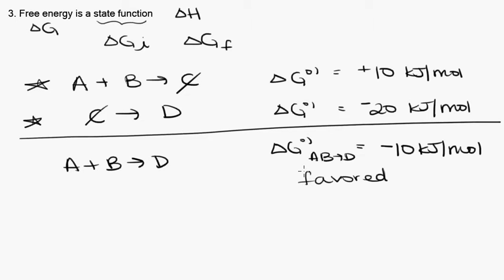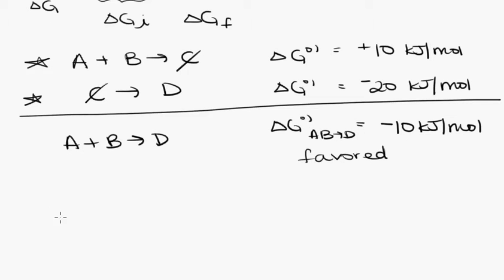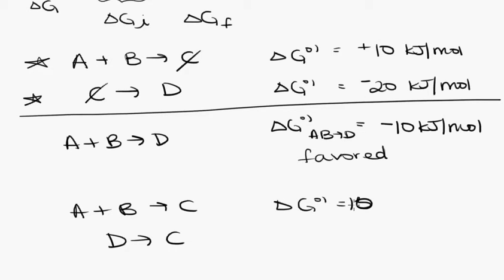Okay, so what happens if, in the same example, we have A plus B going to C, but then we only have information for D going to C. So the delta G naught prime maybe is, we'll keep it the same, 10 kilojoules per mole, and the delta G naught prime here is 20 kilojoules per mole.